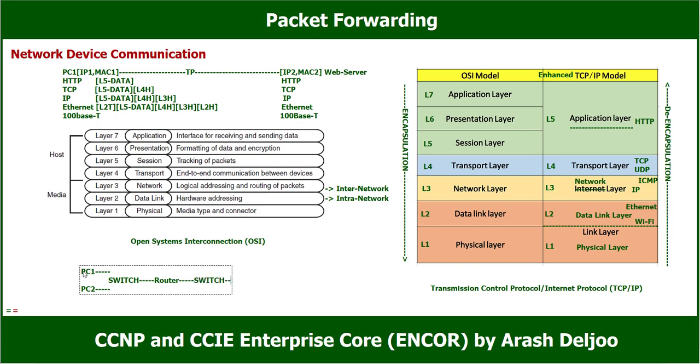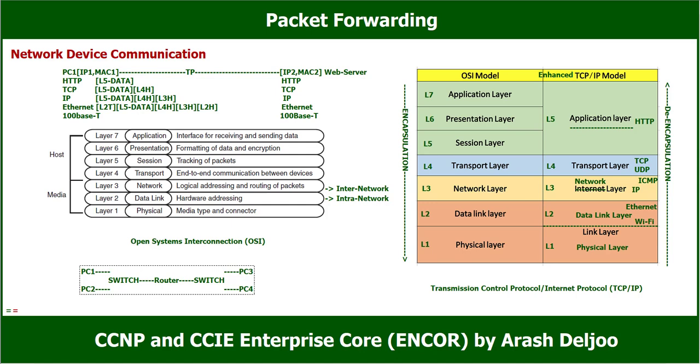And after that, here again we have some switches, and also, for example, PC3 and PC4 are connected to this switch. Actually, if you want to have intra-network communication, in most cases we are using switches. And also, when we want to have communication between networks, we are using routers and also multi-layer switches.